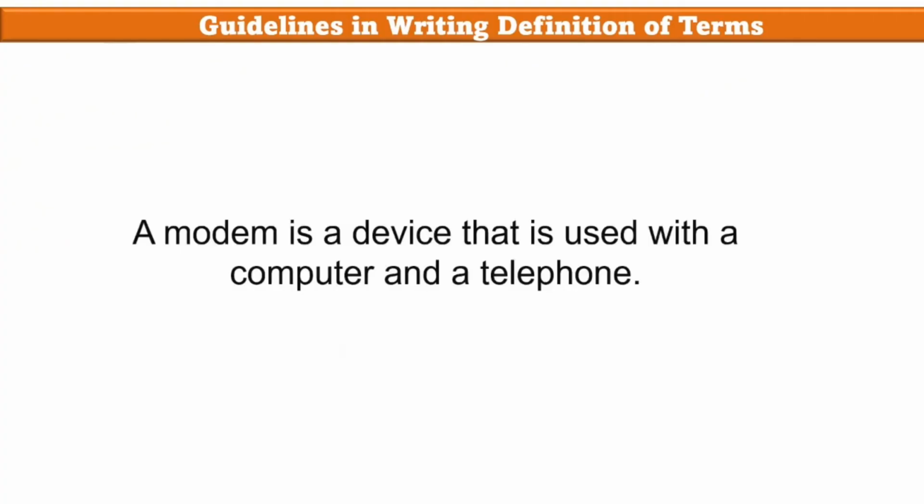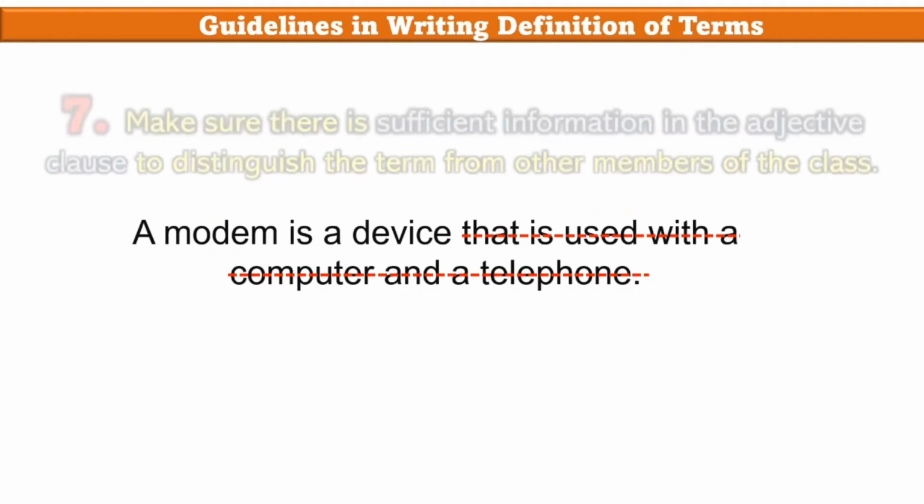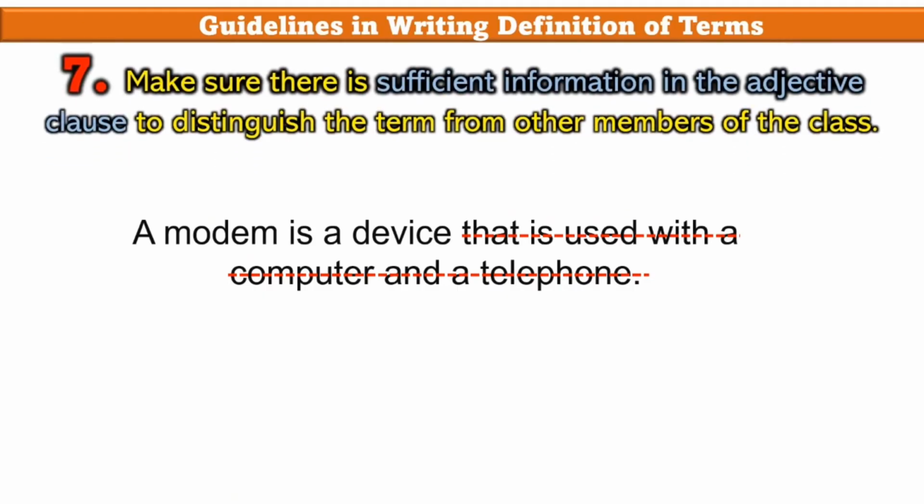Now, in this example, a modem is a device that is used with a computer and a telephone. The distinguishing characteristic, which is that is used with a computer and a telephone, should be modified. Bakit? Guideline number 7.